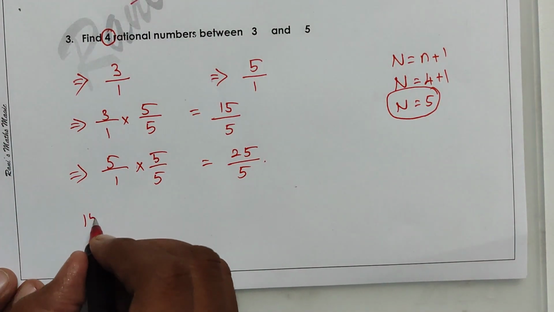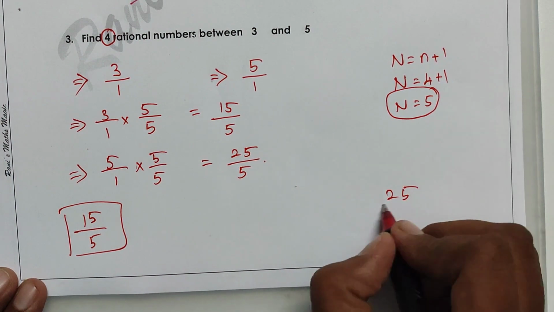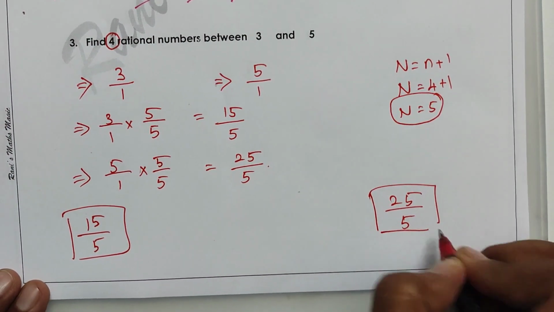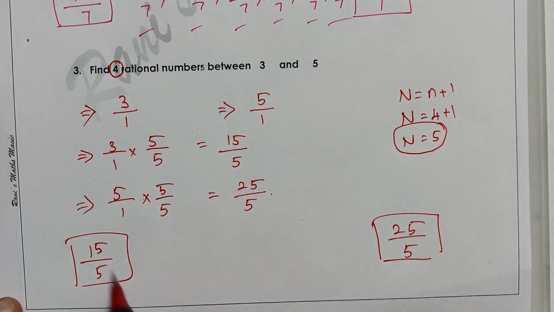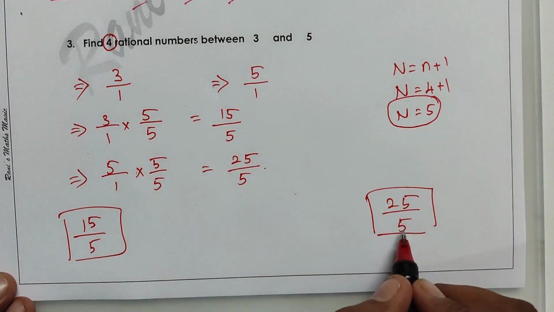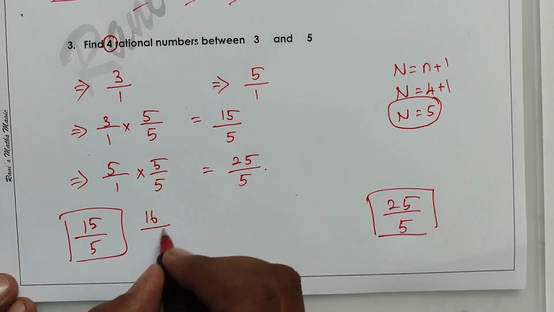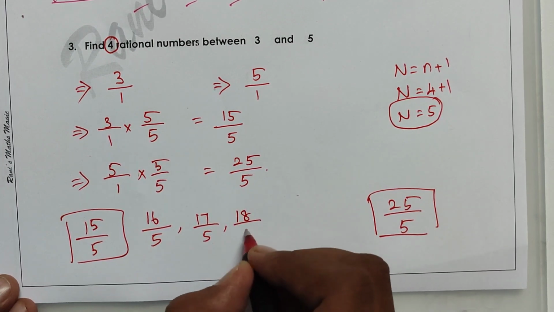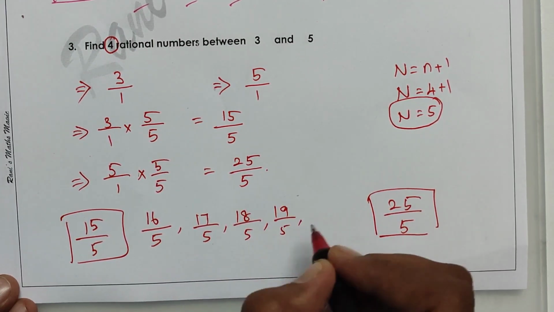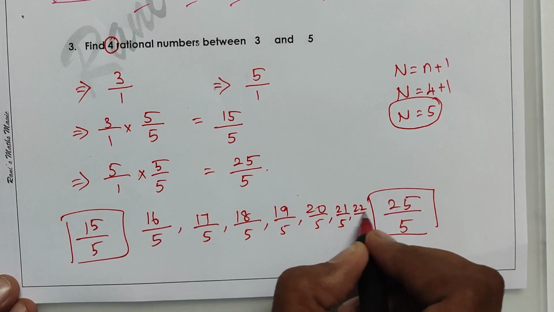So now I am writing the first number, that is 15 by 5, and the last limit is 25 by 5. Now we are going to insert 4 rational numbers between them. So here the bases are the same. That is more important. So after 15 I can write 16 by 5, 17 by 5, 18 by 5, 19 by 5, 20 by 5, 21 by 5, 22 by 5.